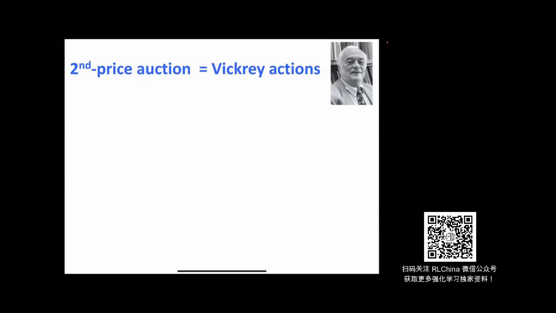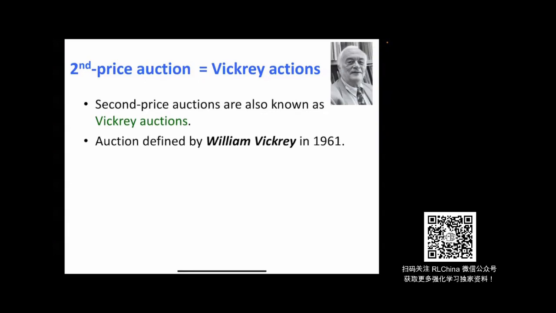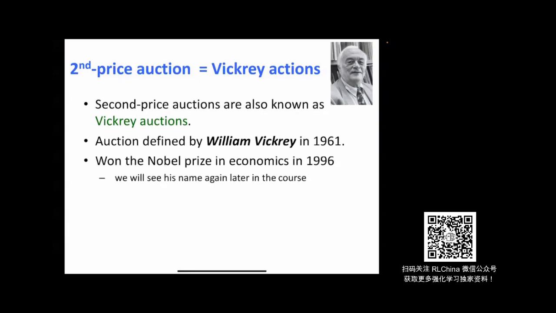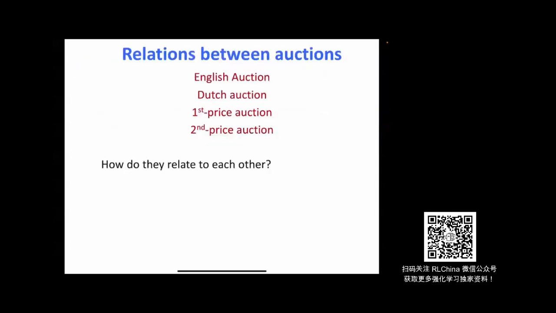If you answer this question, then you might, like one of the earlier professors who answered it correctly, have the chance to obtain a Nobel Prize. So this is in fact a Nobel Prize winning question. The second price auction is known as the Vickrey auction, because of which he got a Nobel Prize.